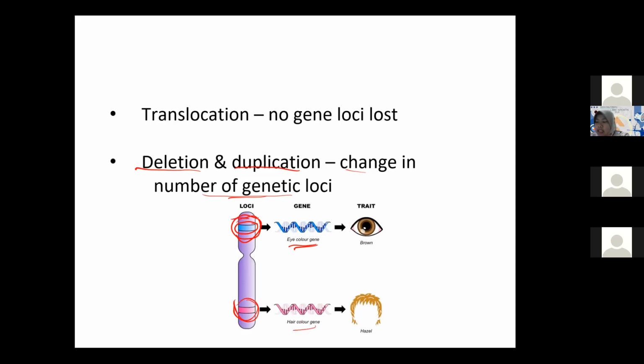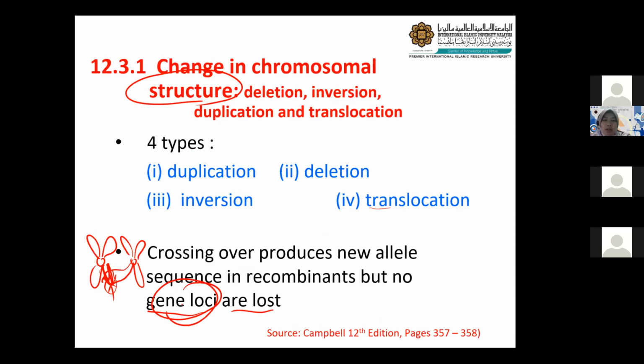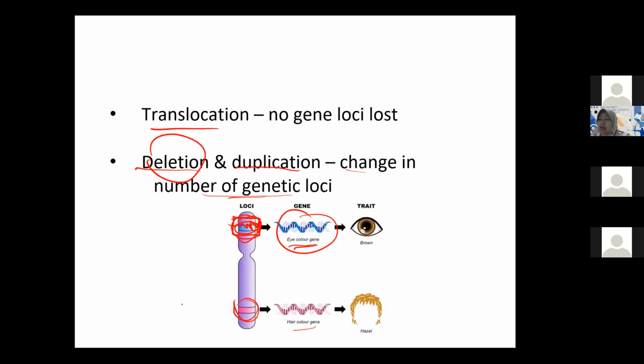But if this locus is lost due to deletion, hilang kena buang, so this gene will be affected. So that's why it can change the number of genetic loci. But for translocation, as kita dah belajar sebelum ni crossing over pun, it will not lose the locus. Locus takkan hilang, cuma locus tu berubah tempat sahaja.